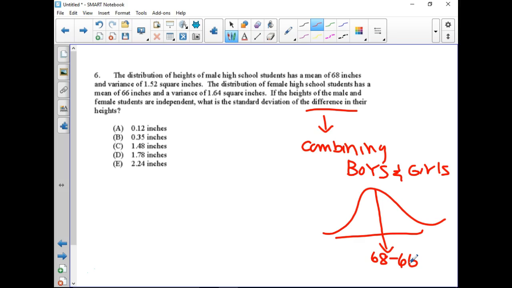And as long as they're independent, when you're combining a curve, the variance is the standard deviation squared plus the standard deviation squared, as long as you keep going until you get all of your variables. I'm only doing 2 variables here, but there are times where there might be a question about the distribution of apples and you have 10 apples.